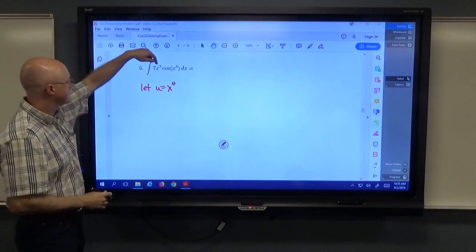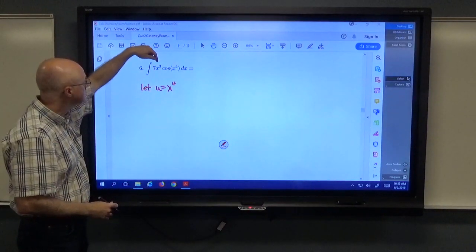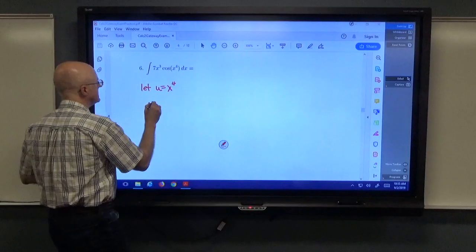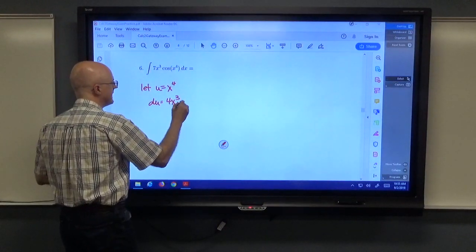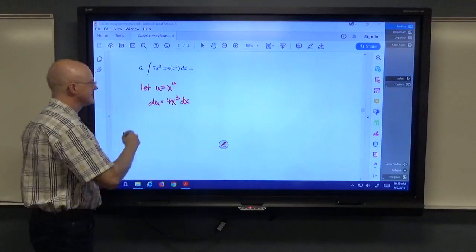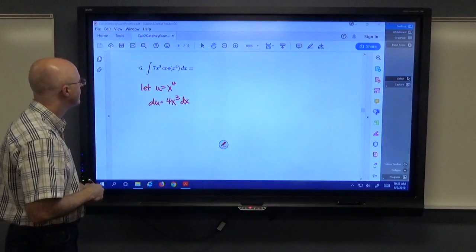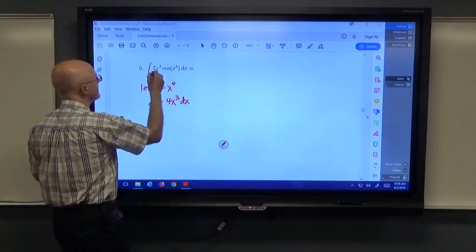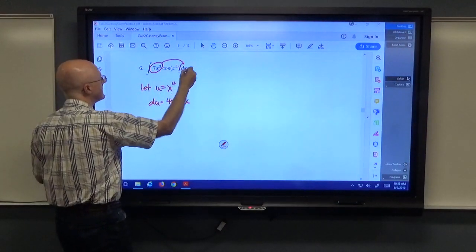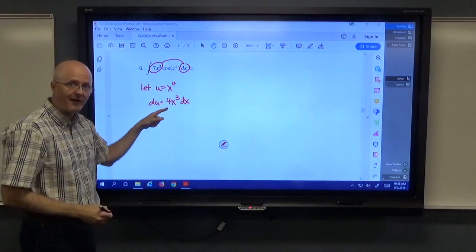And again, it's fortunate that this power of x is 1 lower. Du will be 4x cubed dx. I differentiate u with respect to x and put that extra dx there. It's a 7x cubed dx here and here. Whereas we have a 4 there.